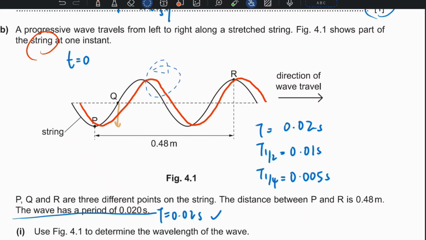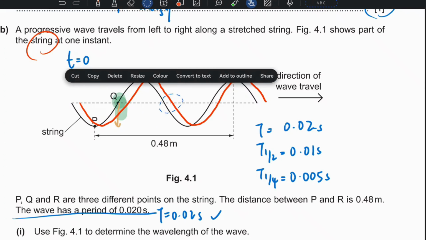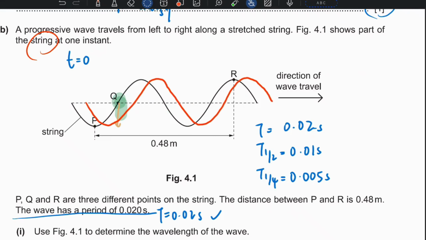So you realize point Q is moving down, right? Then probably after another few seconds, point Q moves here, right?